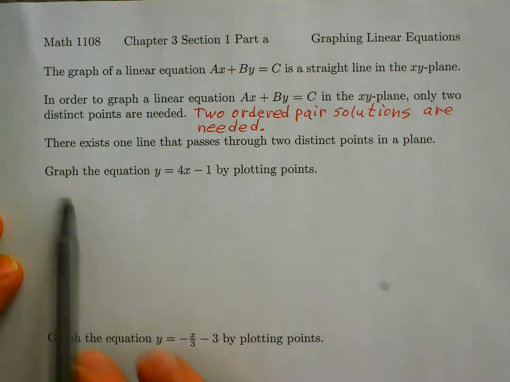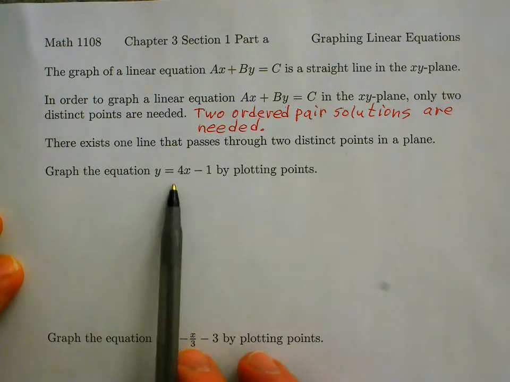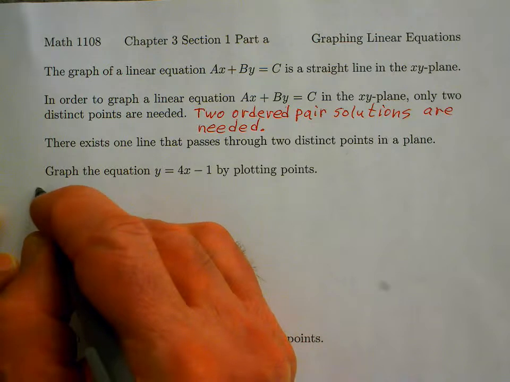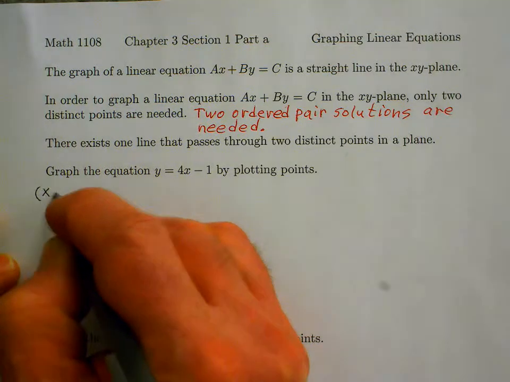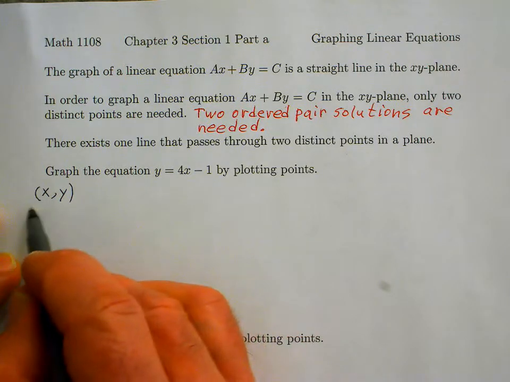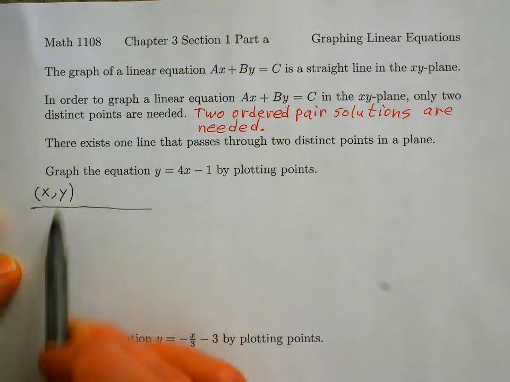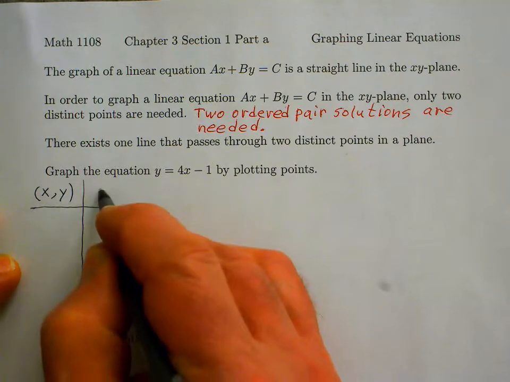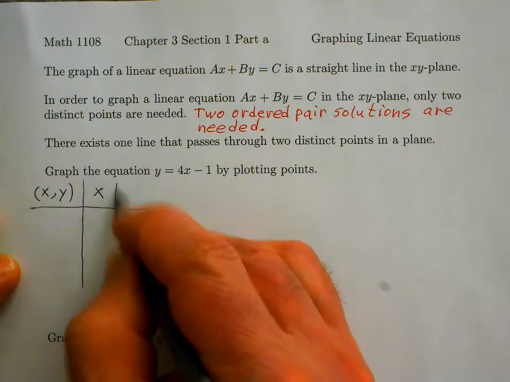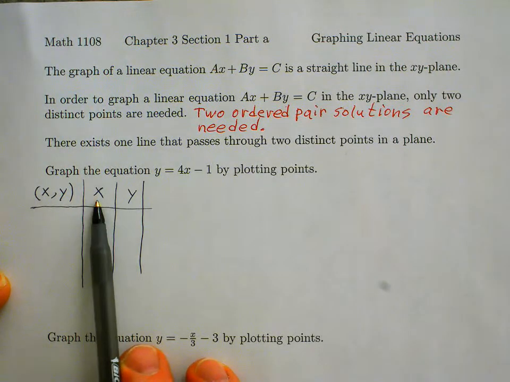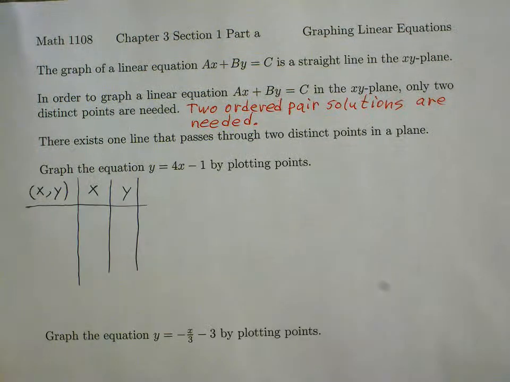So if we graph this linear equation in the variables x and y, all we need to do is find two ordered pair solutions. So I'll create a column for the xy ordered pairs, and then another two columns, one for x coordinates, the other one for y coordinates.